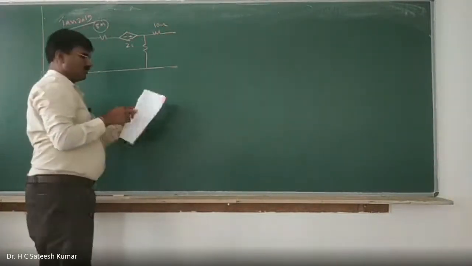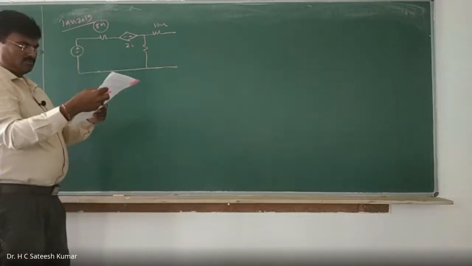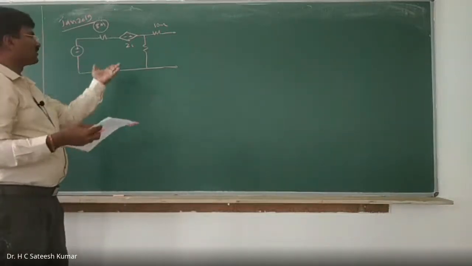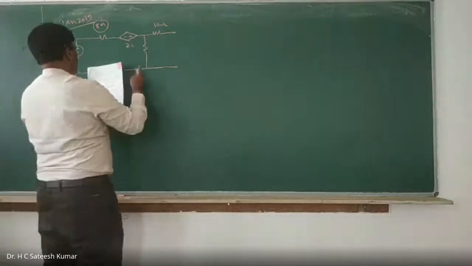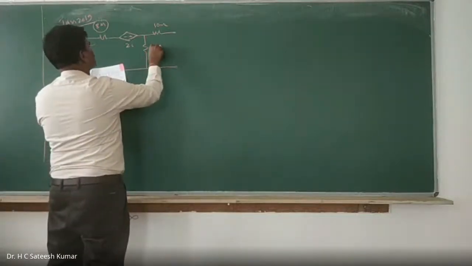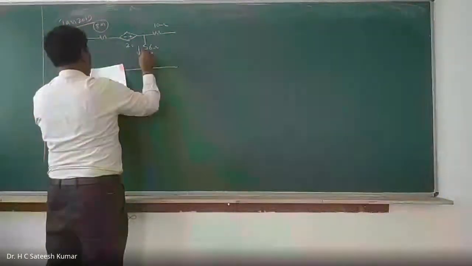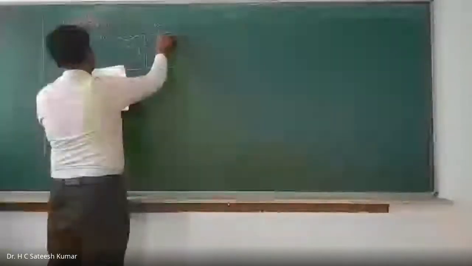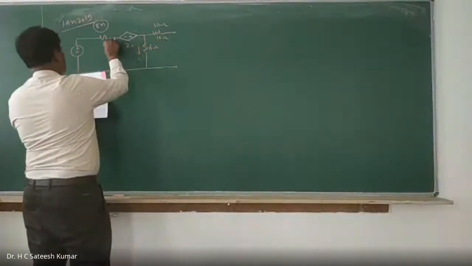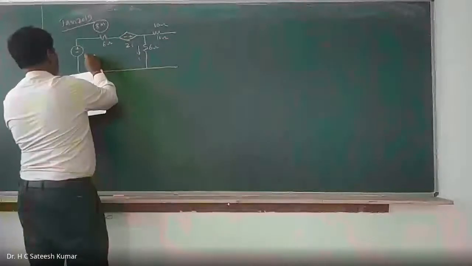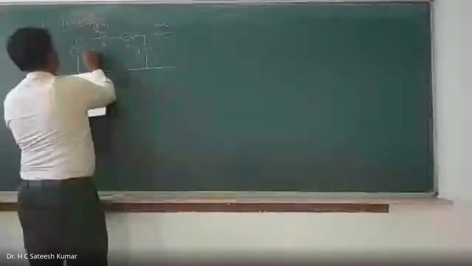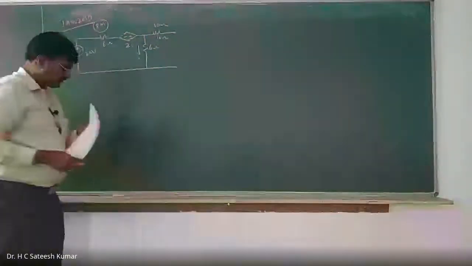Now the question is, obtain the Thevenin's equivalent circuit for this one. The value is 6 ohms, this is I, 10 ohms, 6 ohms, 2I, and this is 20 volts. Thevenin's equivalent, we should write it.